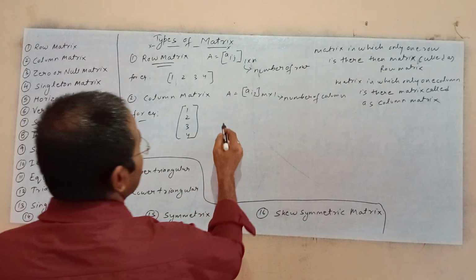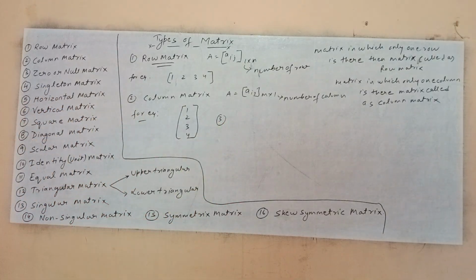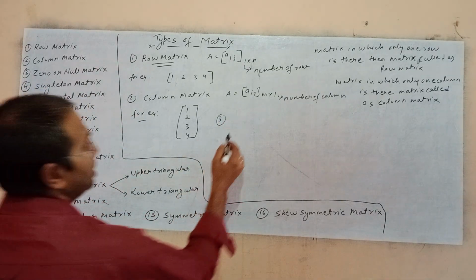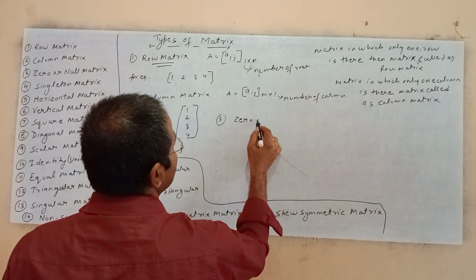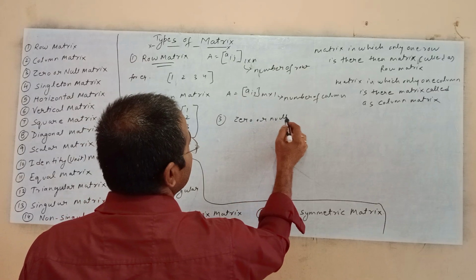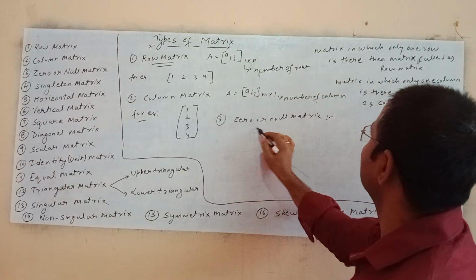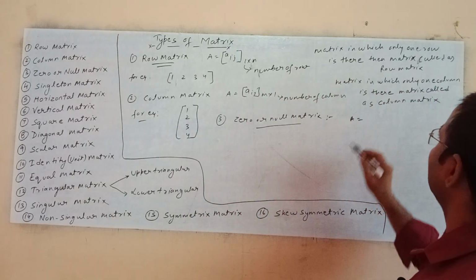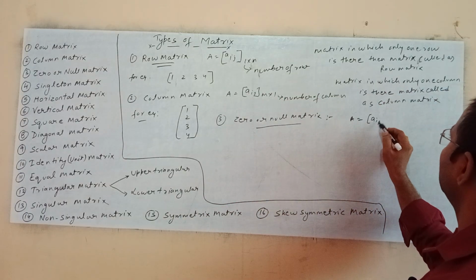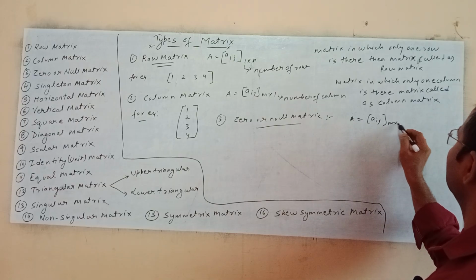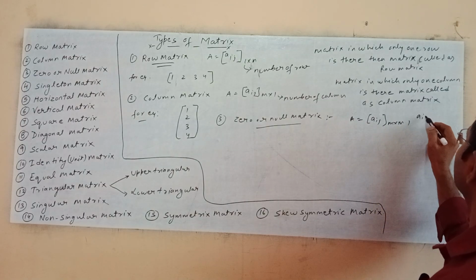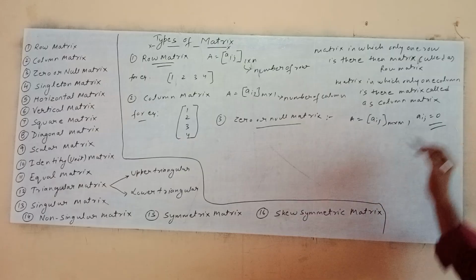Now let us see the third one, zero or null matrix. Zero or null matrix means a matrix A = [Aij] of order m cross n in which Aij is equal to 0.